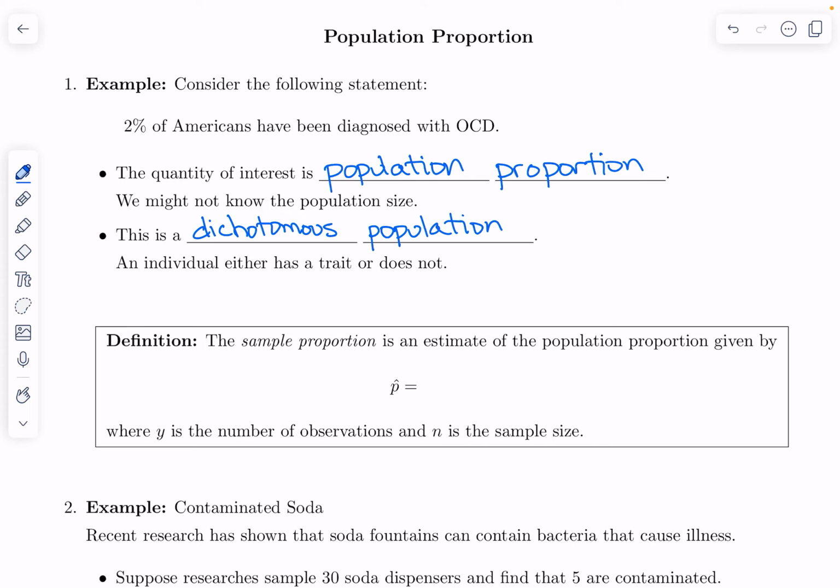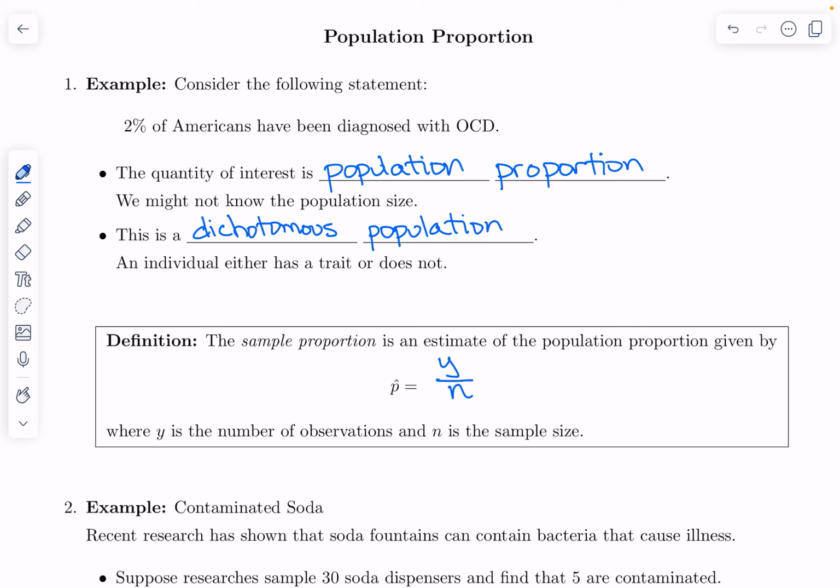We're now going to estimate population proportions using what is called a sample proportion. Our definition is that the sample proportion is an estimate of the population proportion given by y over n, and we refer to that sample proportion as p hat.